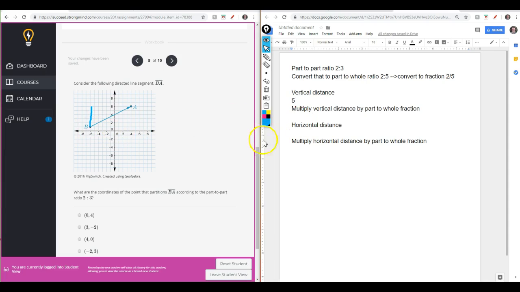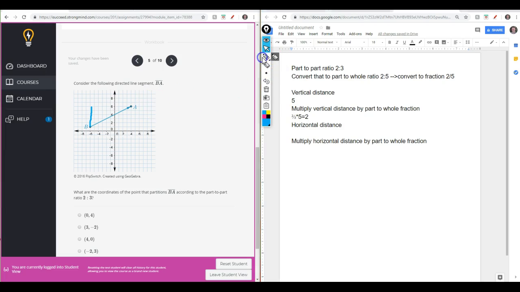And now I know that if I only want 2 segments before that point, I'm going to take this distance and multiply it by the fraction that we just had. 2/5 is our part-to-whole fraction, so I only want 2/5 of my vertical distance. 2/5 times 5, if we multiply that out, reduces down to 2.